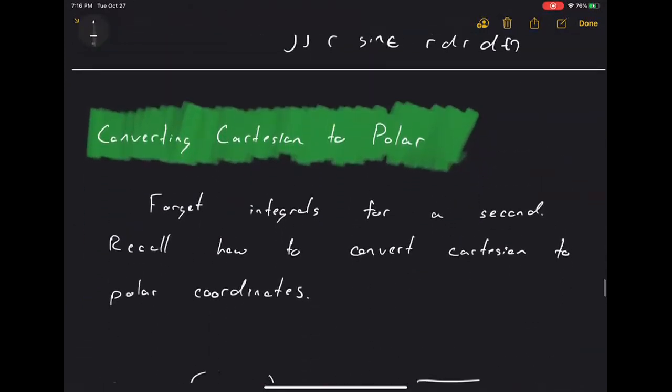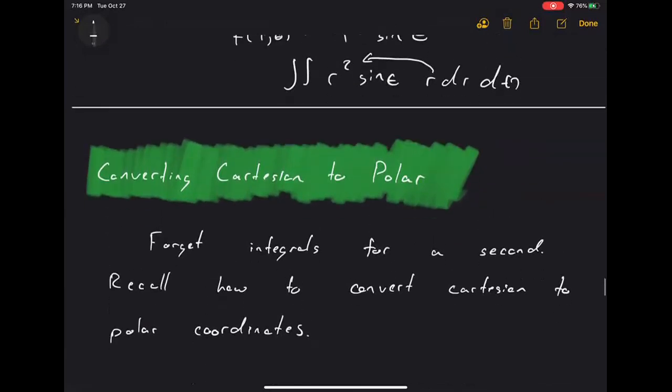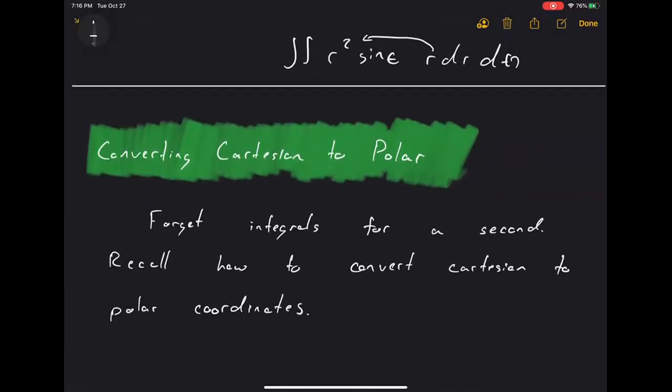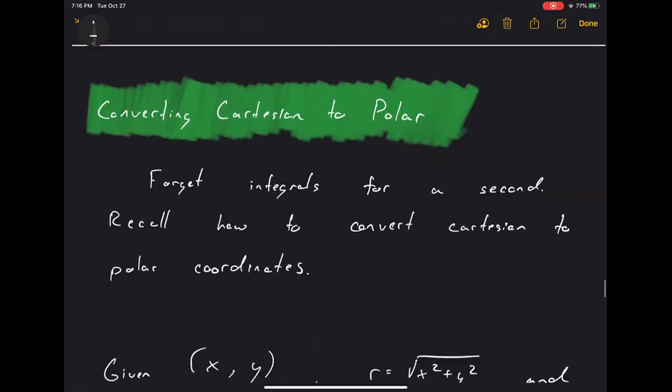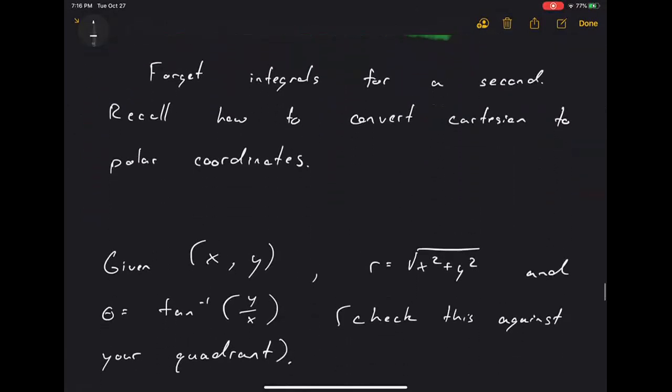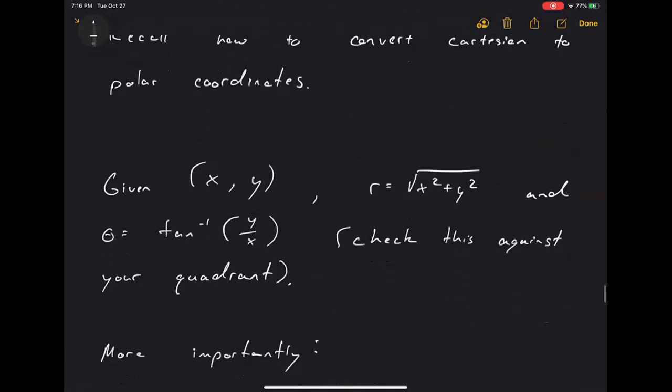So really what we want to be able to do is take a function that's hard to integrate in terms of x and y, convert it to polar, and then integrate in terms of polar. So we need to be able to convert our integral into polar coordinates, our function in polar coordinates. So let's forget integrals for a second. Just think about converting Cartesian coordinates to polar coordinates.